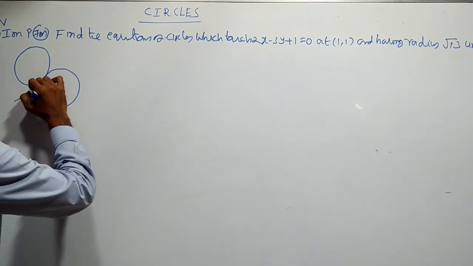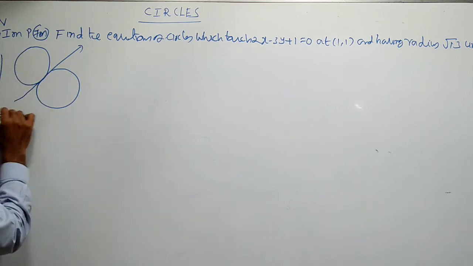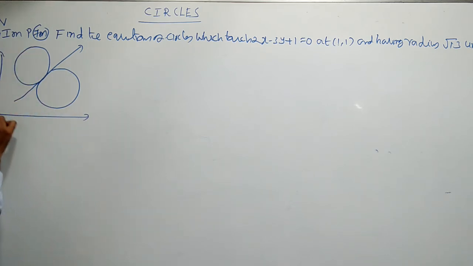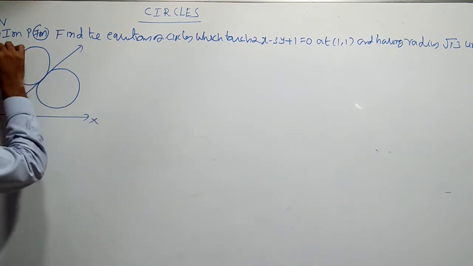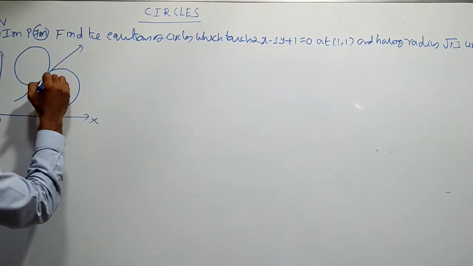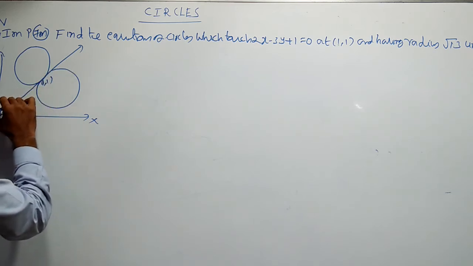So draw a line like this. Maybe these are the coordinate axes. This is 0, 0. To make you understand, this is 1 comma 1 in first quadrant.